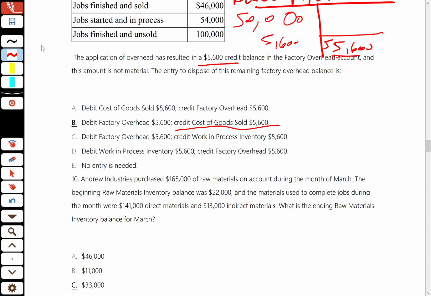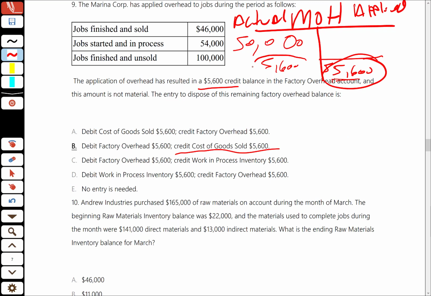So we debit the factory overhead here because this problem told me that there was an over-applied amount, right? I said, say 55,600 when the actual was 50. So to close it out, we have to debit the manufacturing overhead. Now this balances, doesn't it? It's 0. And since we debited it, since we over-applied, we're going to credit it out of the cost of goods sold. That's why B is the answer.